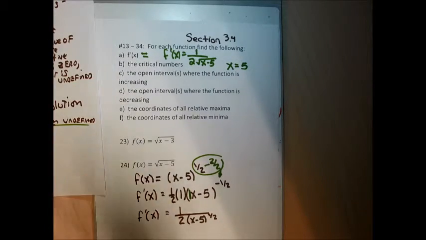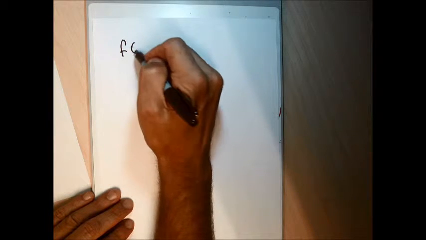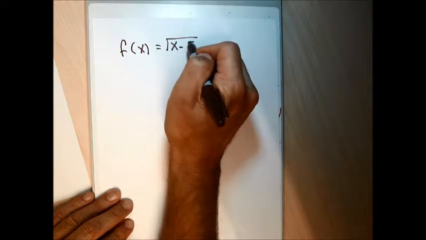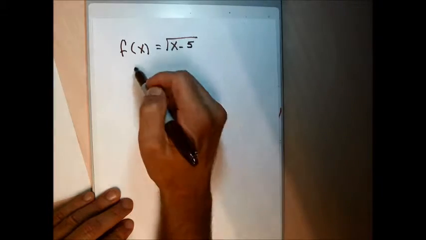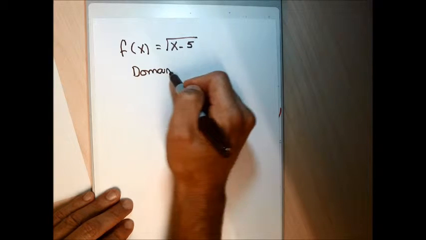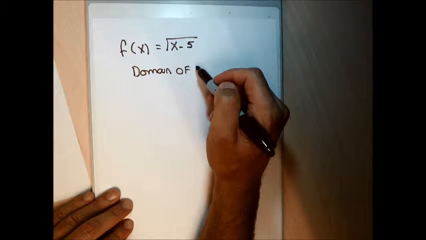And very specifically, to find the domain of any square root function, because it's going to be important here, the original function in problem 24 was f of x equals the square root of x minus 5. To find the domain of any square root, we take the argument under the radical and set it greater than or equal to 0.